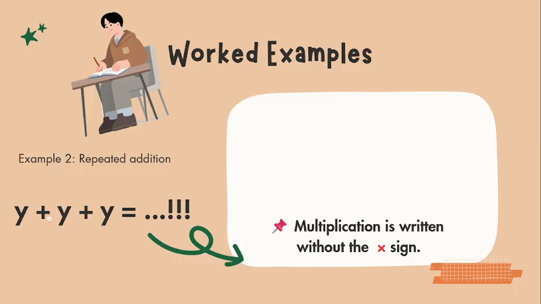Imagine you have a £1 coin, again another £1 coin, and also again another £1 coin. Then what will be the total if you add all three coins together? That's right, it's going to be £3. Just that way, use the same logic here. Then y plus y plus y equals what?